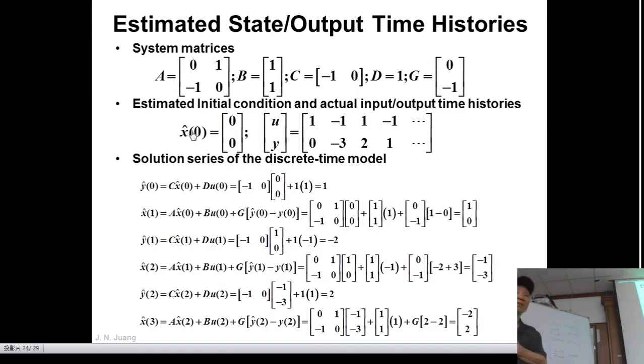If you don't believe me, you go home and change it to non-zero, and you will get exactly the same thing. The first two steps won't be the same, but starting from x hat at the second step will be all the same, because it has to converge to the true states in the second step.